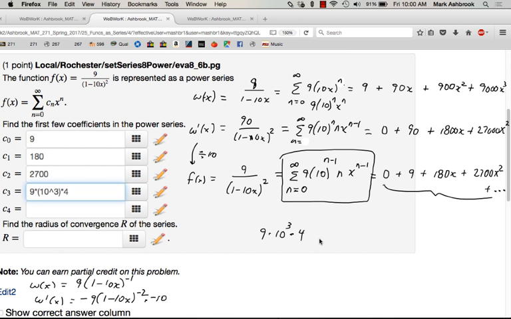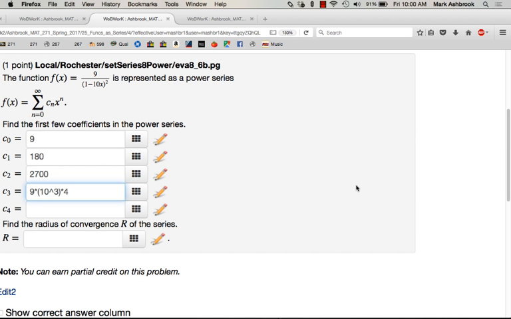So maybe this is a good chance to actually shift the index, right? Our sequence is in terms of, oh, I shouldn't have done that. What was it? 9 times 10 to the n minus 1 times n x to the n minus 1. Okay, so this would be a good chance to shift the index, right? Remember?